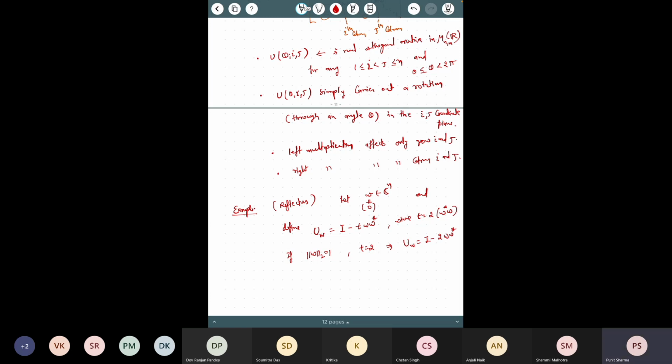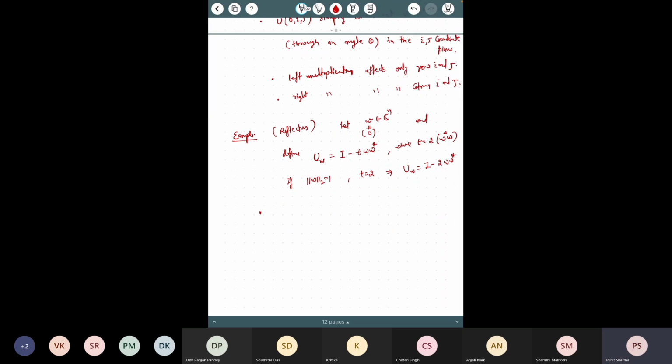Now again, for this matrix also, you can verify that this u_w is a unitary matrix. For any w, this u_w is a unitary matrix. Now if I take any x which is in the orthogonal complement of w, that means for any x such that x is orthogonal to w, what would be u_w x?